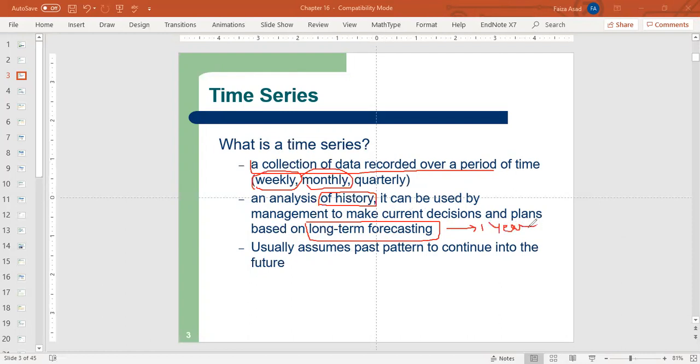It can be 5 years, 10 years, or more than that. Usually we assume the past pattern will continue into the future. So they assume that the company's operations will follow the past patterns, and we might have the same situation in the future as well. So that is called forecasting. Moving on to the next slide.